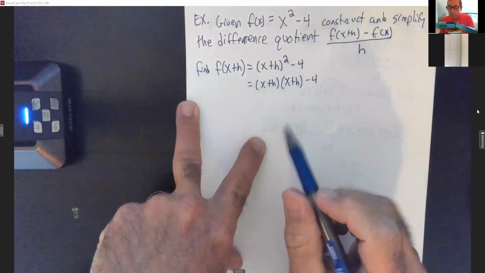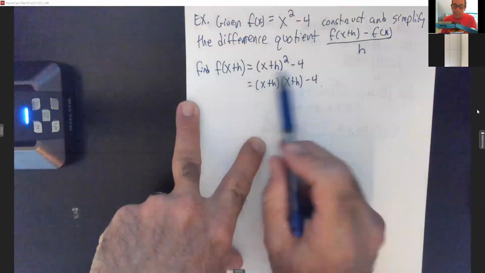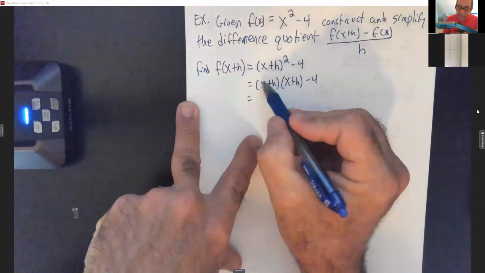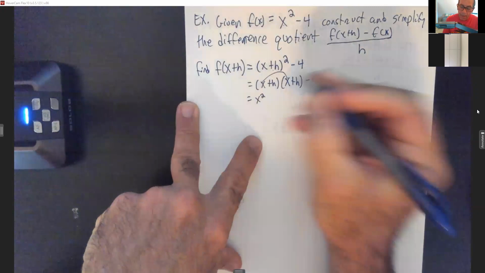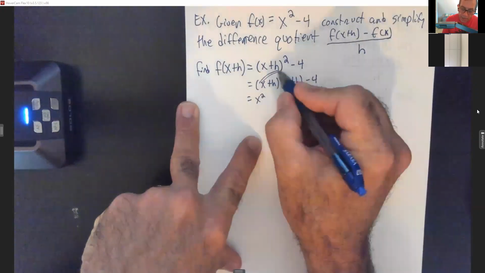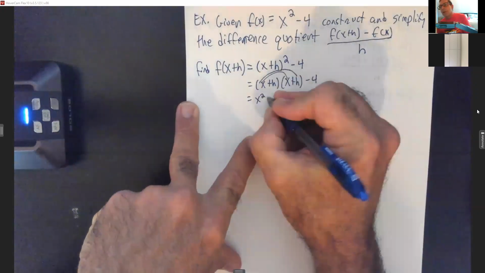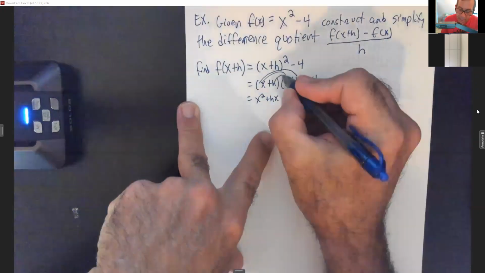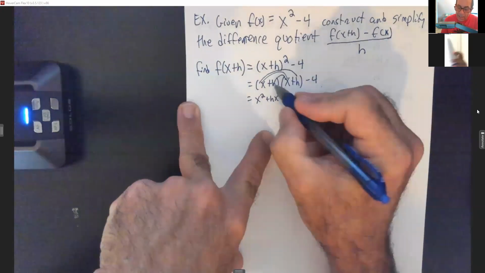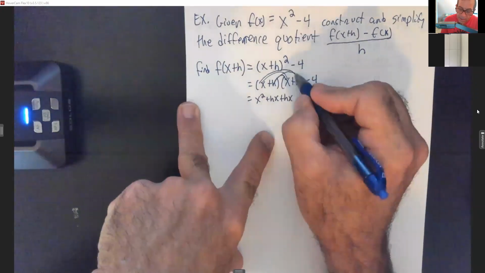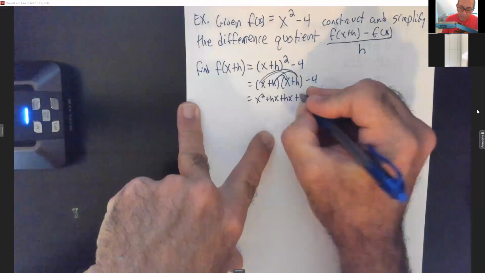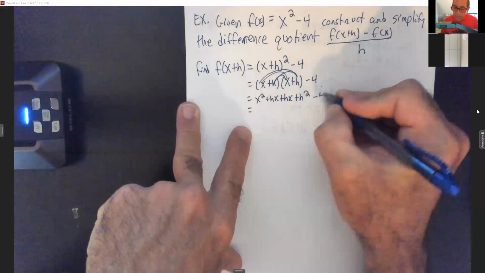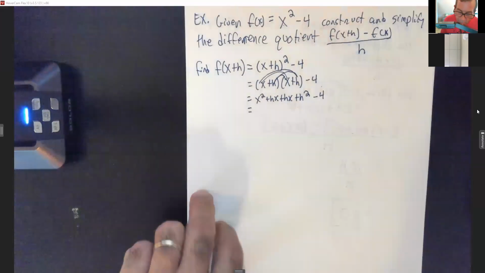So I'm going to FOIL the first part and just bring down that -4 as I go. So FOILing this, we got x times x is an x squared. X times h is a hx. So I'm just putting them in alphabetical order. H times x is another hx. And then h times h is an h squared. And at the end, I still got my -4. So let's add like terms. This x squared comes down.